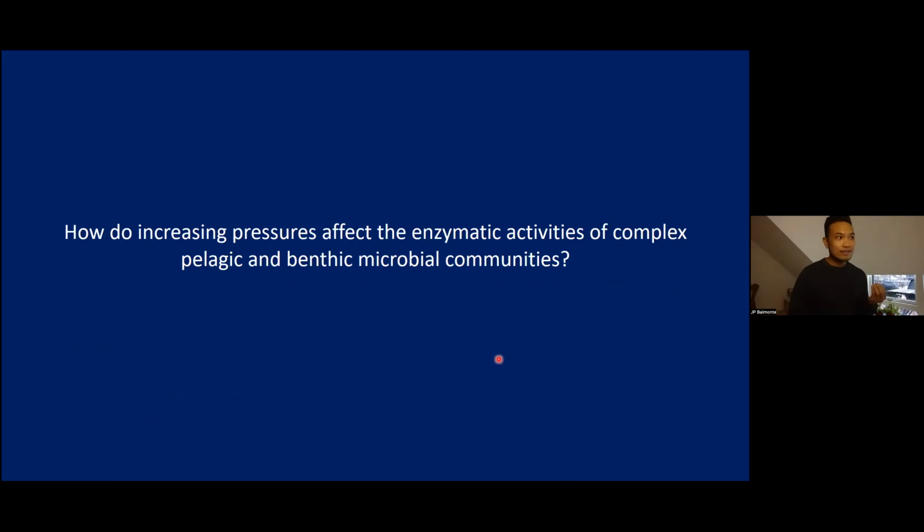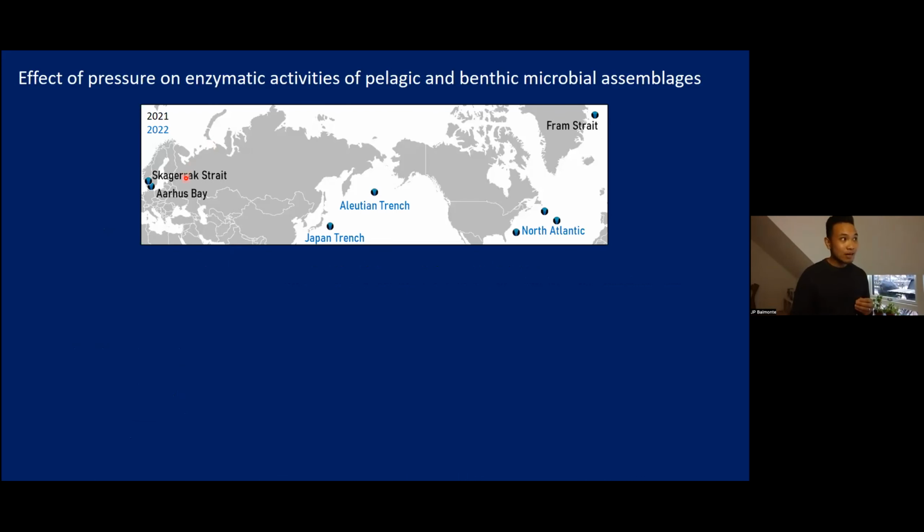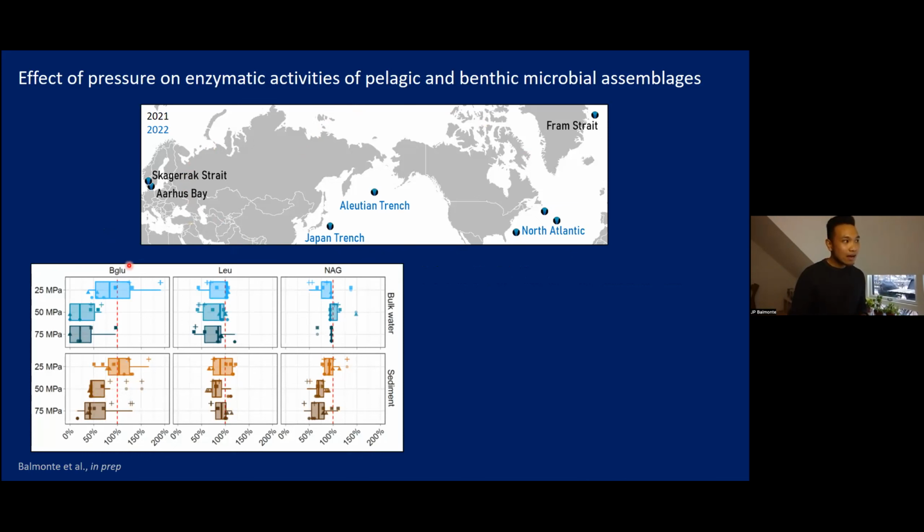So how does this pressure effect look for complex pelagic and benthic microbial communities? We did these experiments at a range of places between last year and this year, and this is the compilation of that.